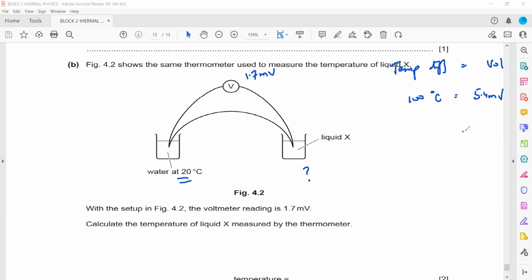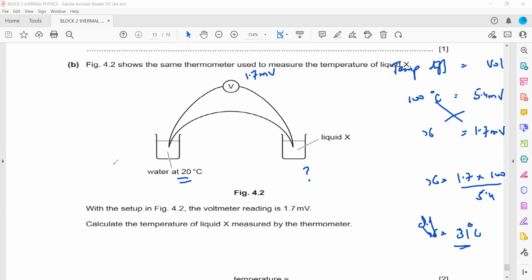So now the voltage is 1.7 millivolts, so the temperature difference will be x. Cross multiply: 1.7 multiplied by 100 divided by 5.4. So this will come out as 31. So 31 degrees is the difference in temperature.